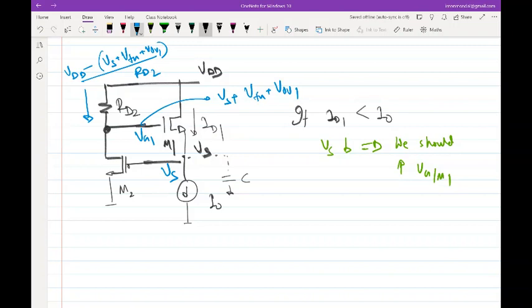And I assume a certain Vs symbolically, which means my VG will be Vs plus VGS. That's all. Here Vs is unknown, but VGS is known, because if you assume a certain W by L, you know the current, so VGS is known. True, VDD is a design variable, but given a certain VDD, the question is whether the solution exists.